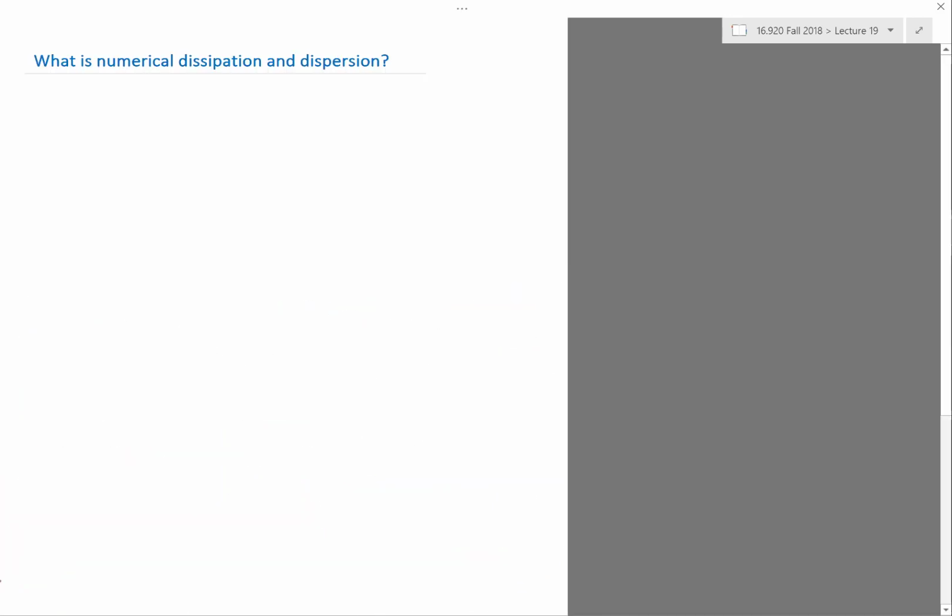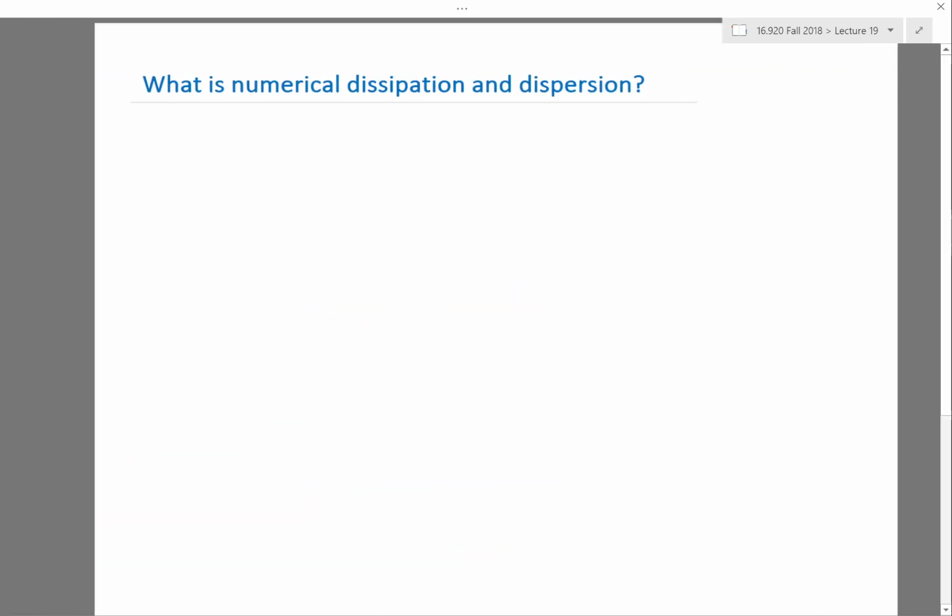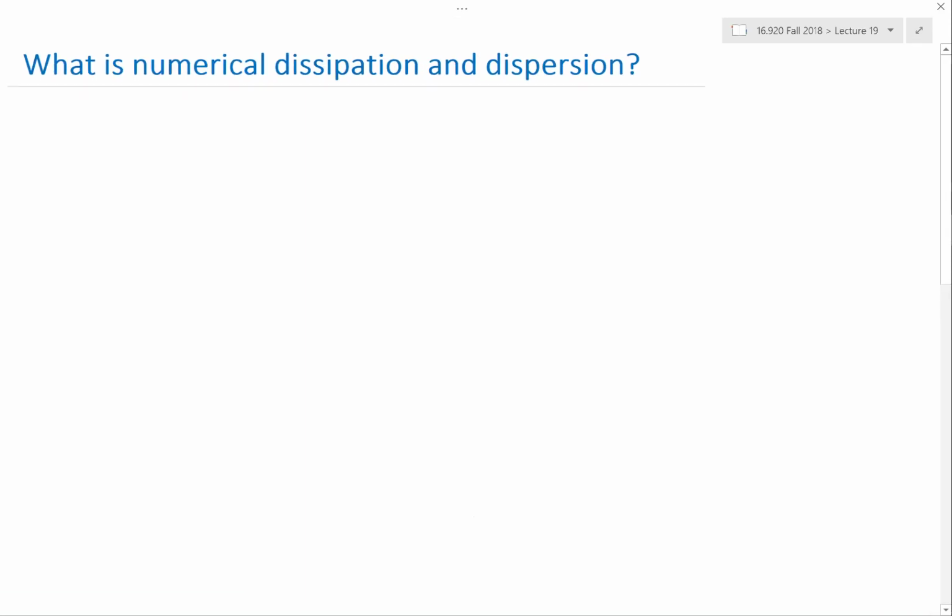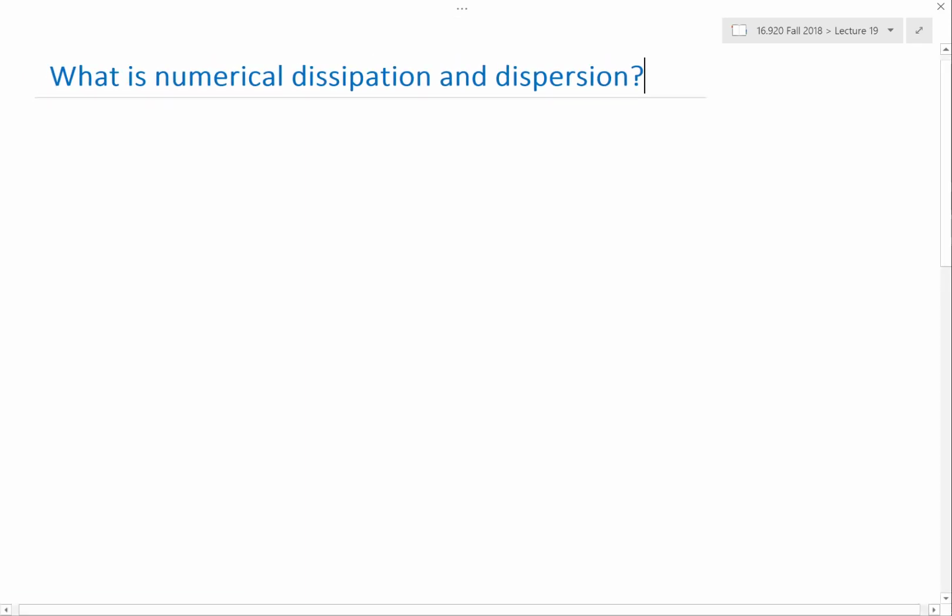Okay, we have a bit of time, and let's start talking about the next topic, which is the errors in solution of differential equations and how to improve or reduce these errors.